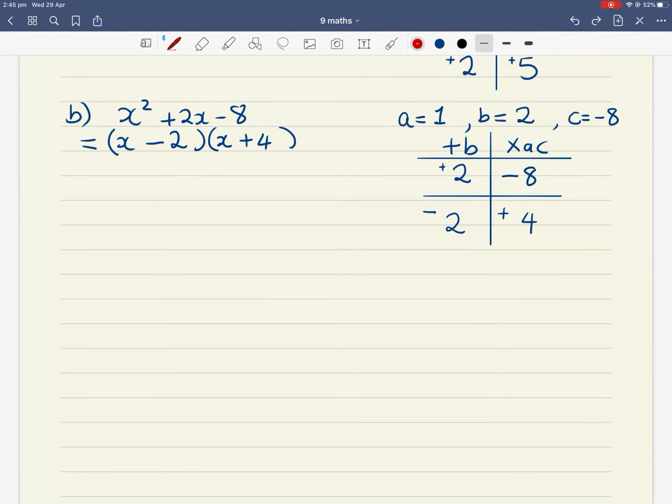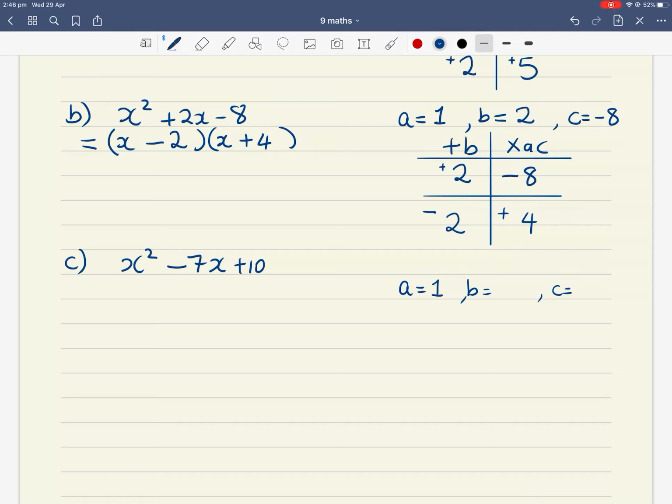Let's do one more just to make sure we understand this whole table plus b times ac pattern. So let's look at part C. We're trying to factorize x squared minus 7x plus 10. So on the side, write your a, b, and c values. A, what's the coefficient of your x squared?